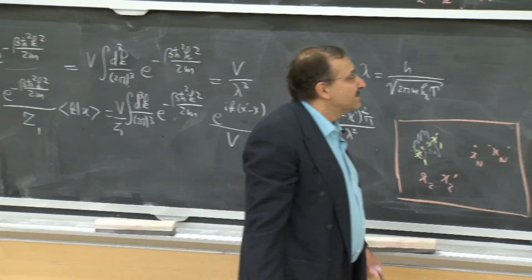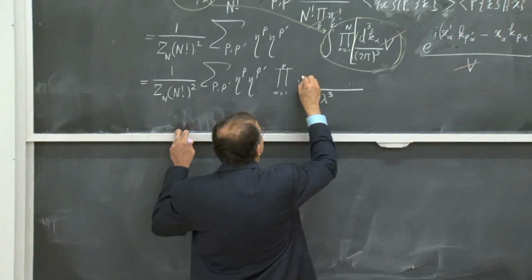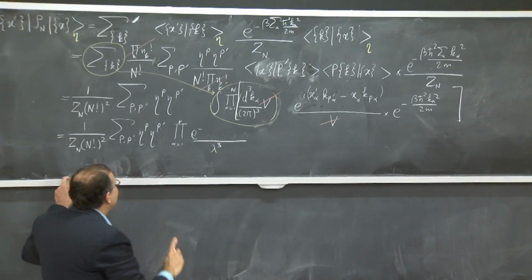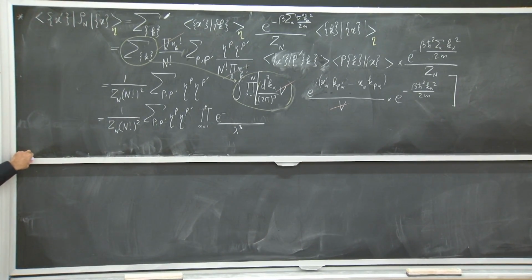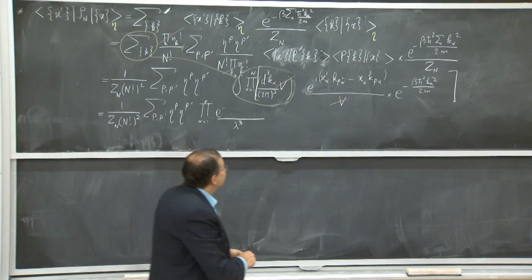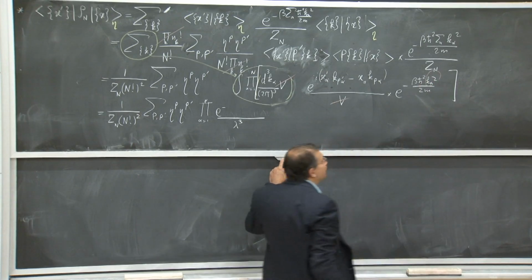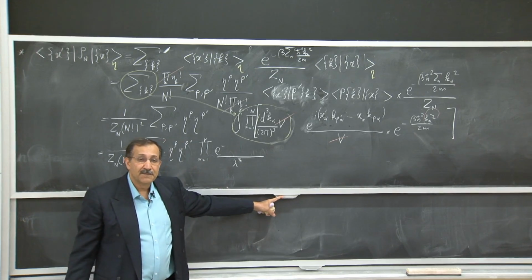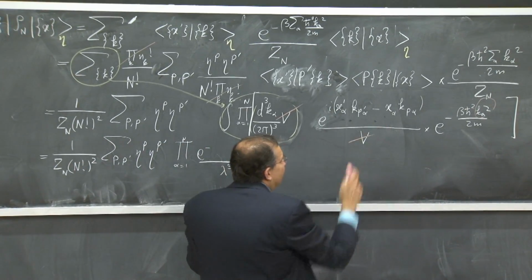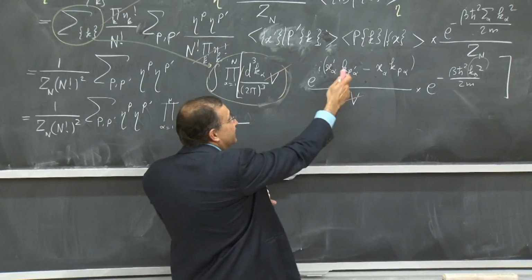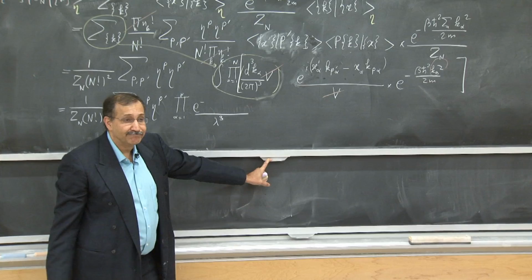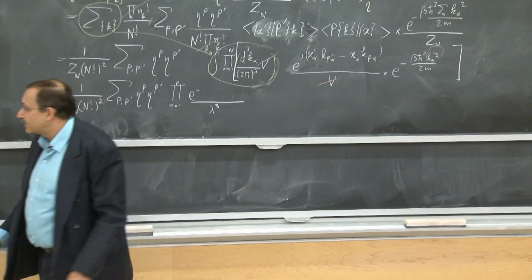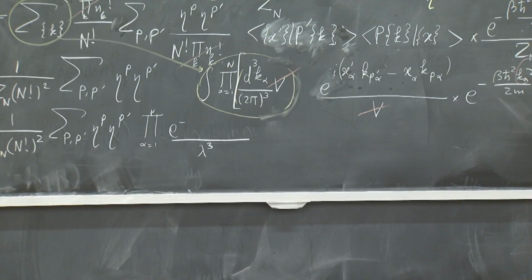So I get the corresponding factor of e to the minus i. I have to be a little bit careful over here, because what I'm integrating is over k alpha squared, whereas in the way that I have the list over here, I have x prime alpha and x alpha, but a different k playing around with each. What should I do? I really want this integration over k alpha to look like what I have over here.